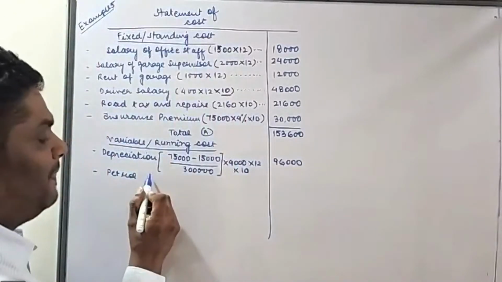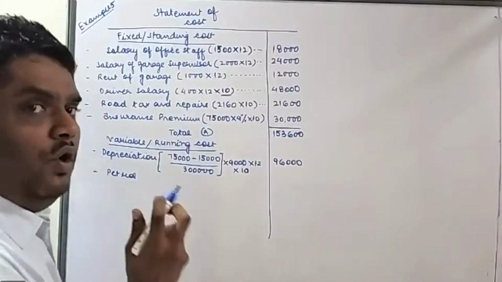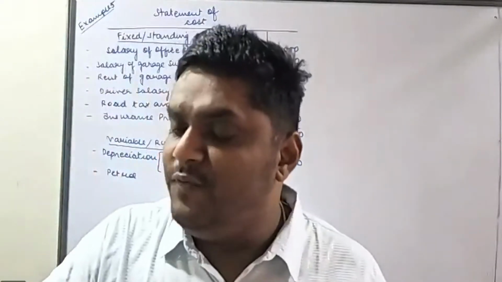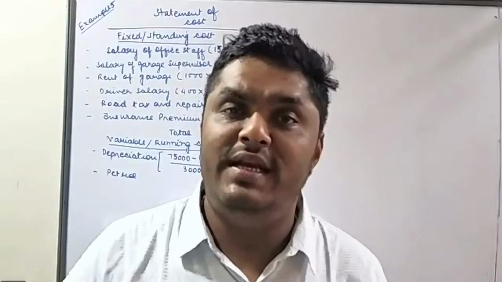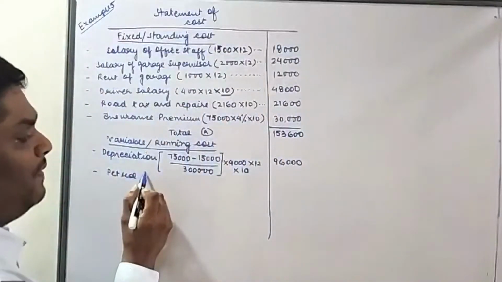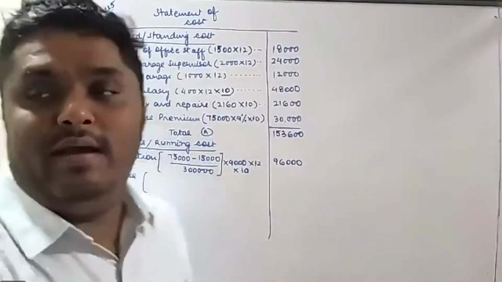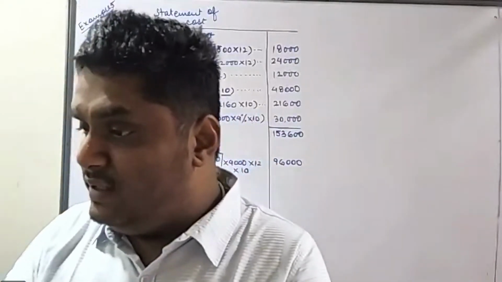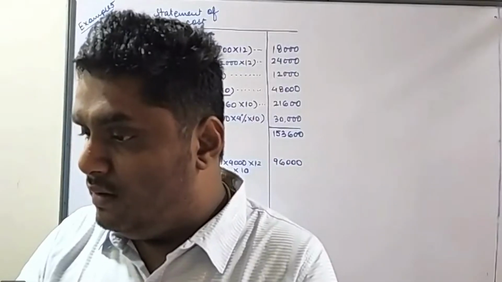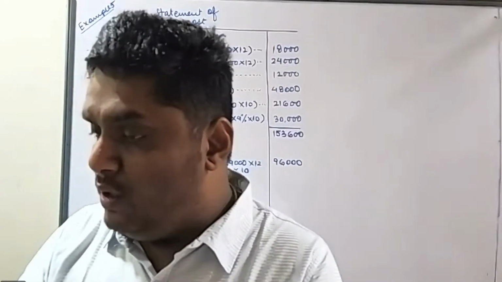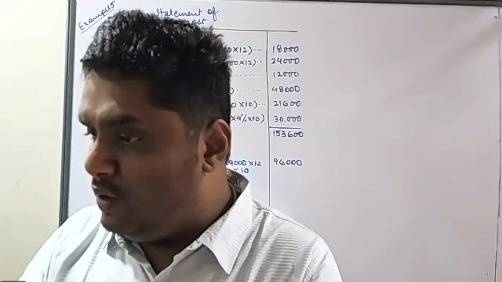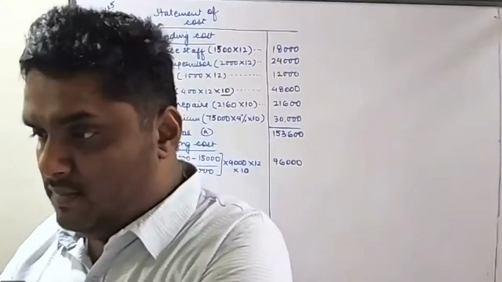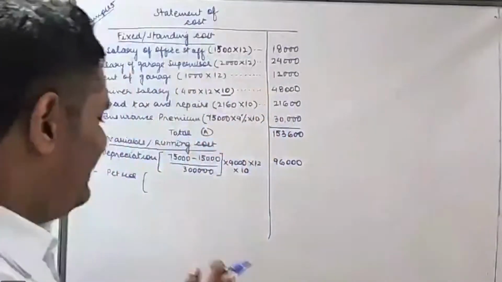So see, when talking about the petrol cost, it is given that the taxi runs on an average 4,000 kilometers in a month. I have got 2 similar answers, one from Gurmeet and one from the rest. Kirti and Prem Kumar also have posted answers. So now let me post the final answer.